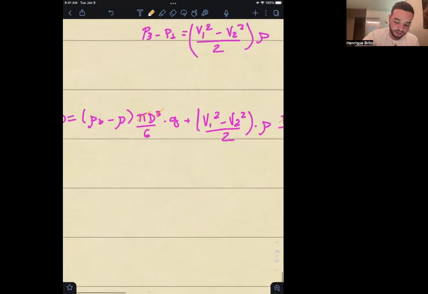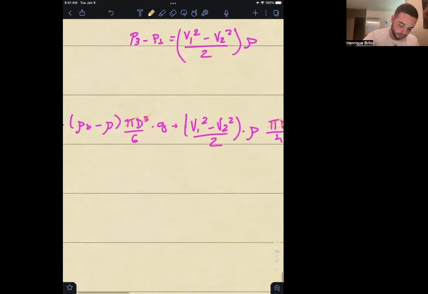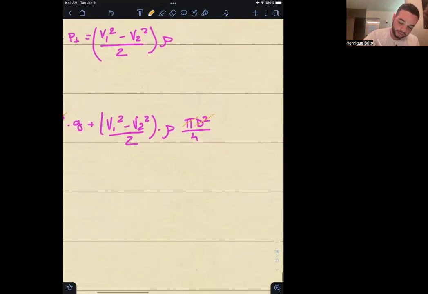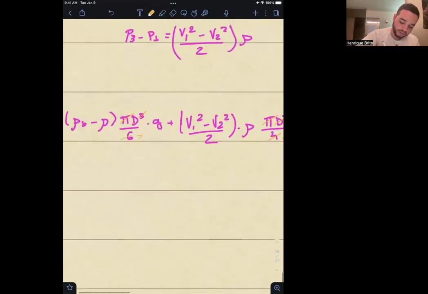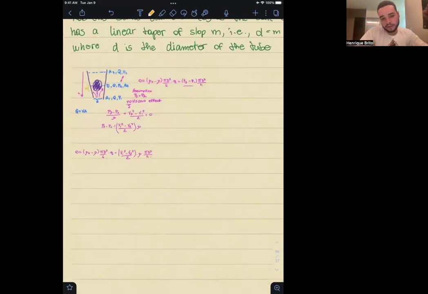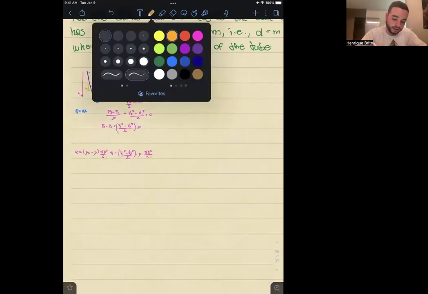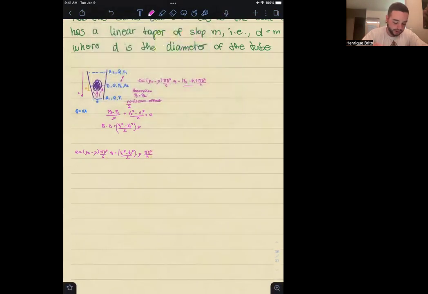Why not just save us some time? So let's divide it all by 2. This becomes 2 and this becomes 3. Okay, so this is what we have as of now. It doesn't seem complicated at all, but again, things change. It might get a little more complicated than we expect.